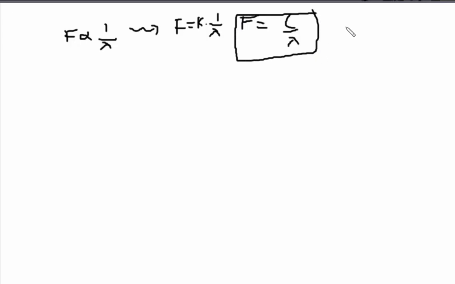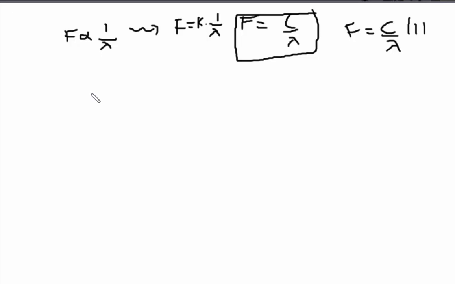If any radiation is coming, particularly for solar sunlight, f can be written as c by lambda. Now this is for one single radiation. If more number of sunlight rays are coming, then it will be a bunch of solar rays.